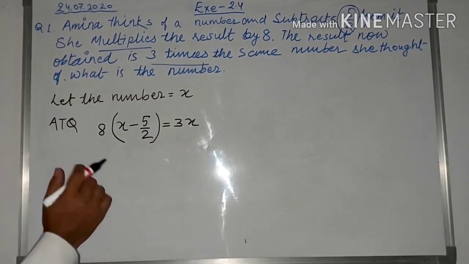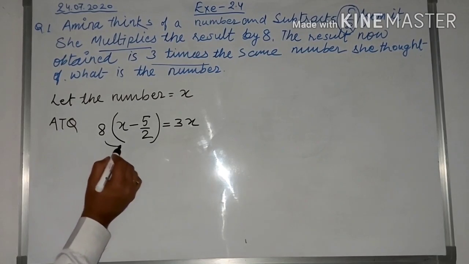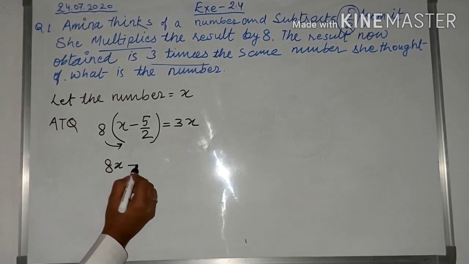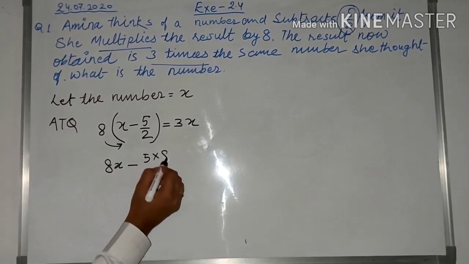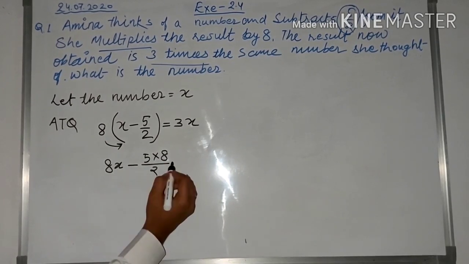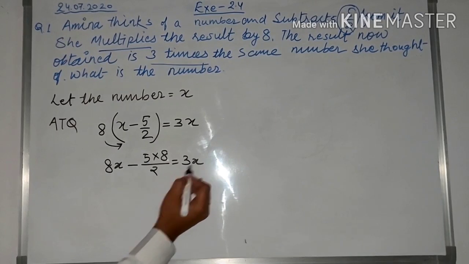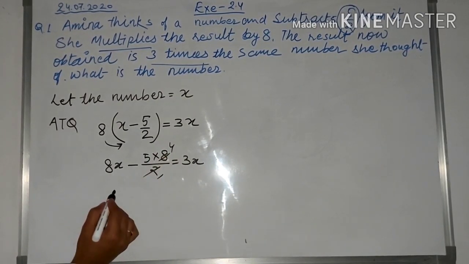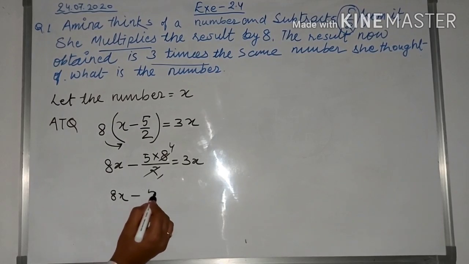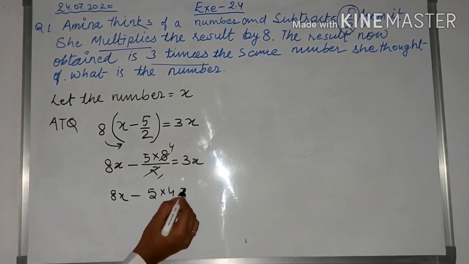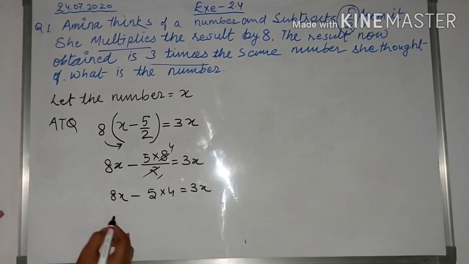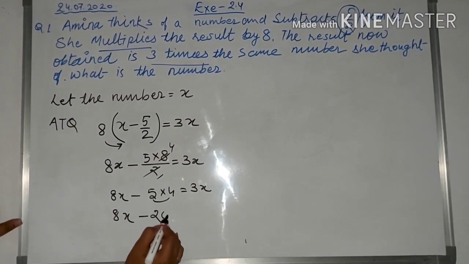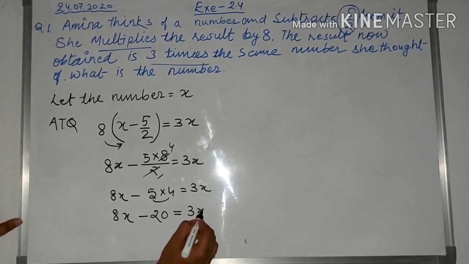We solve by the simple method, as in the previous class exercise. First we open the bracket: 8x minus 5 into 8 upon 2 is equal to 3x. 2 ones are 2, 2 fours are 8, so 8x minus 5 into 4 is equal to 3x, that is 8x minus 20 is equal to 3x.